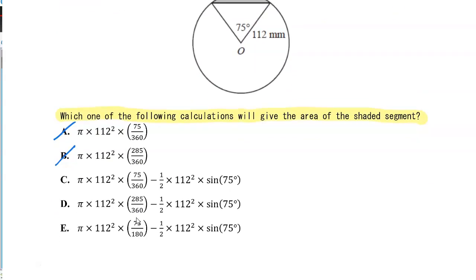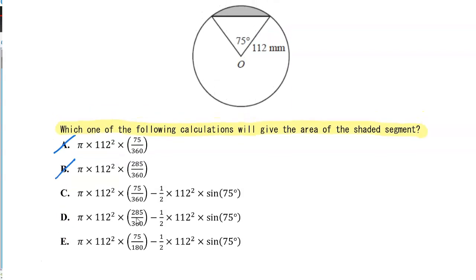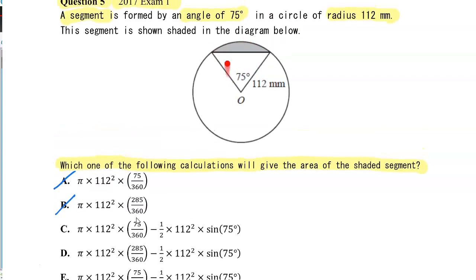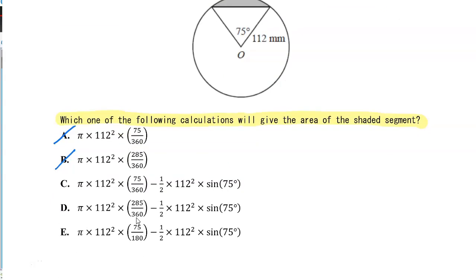Okay, so we're down to these 3 and let's have a closer look at them. So we're looking at this area here, which is 75 degrees. So it can't be D because that's 285. All right, so let's look at these closer ones.